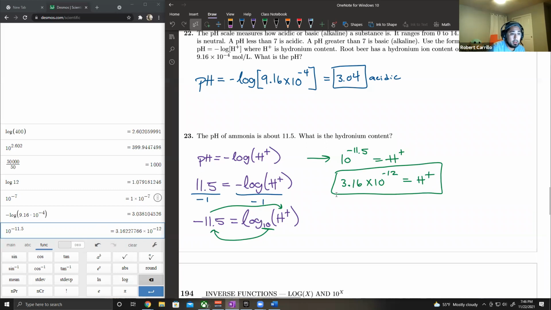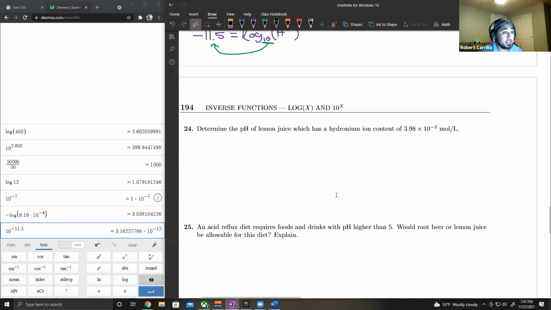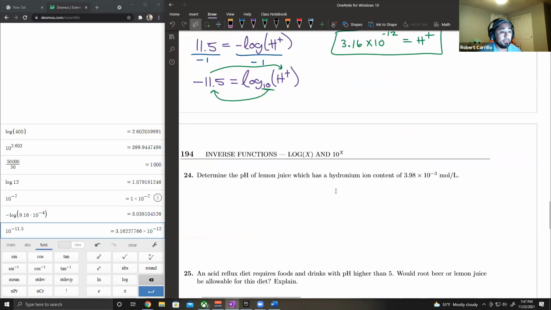All right. Now, working with the same questions, determine the pH of lemon juice, which has a hydronium ion content of 3.98 times 10 to the negative 3 moles per liter.